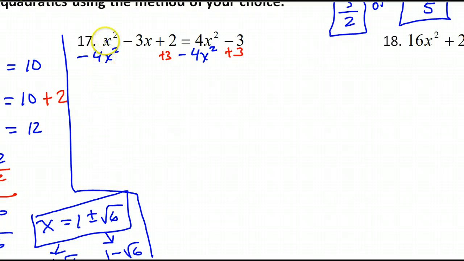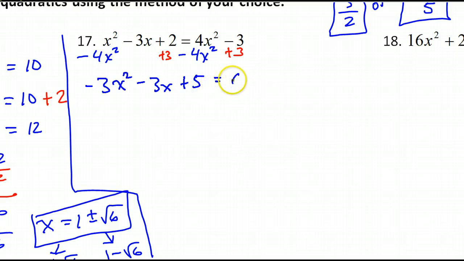Okay, so putting this together, that's going to make negative 3x squared minus 3x plus 5 is equal to 0.